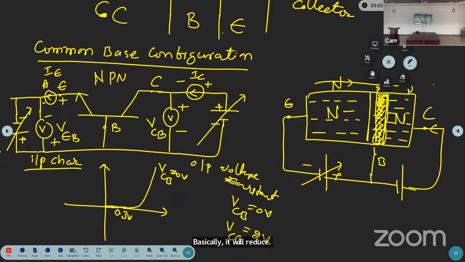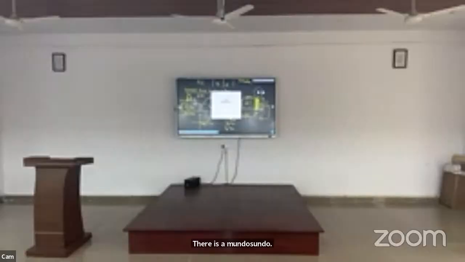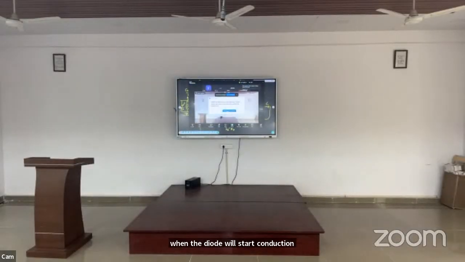Now we are increasing the input bias. Then what will happen? At what voltage will the diode start conduction? Will the curve come on this side or that side?